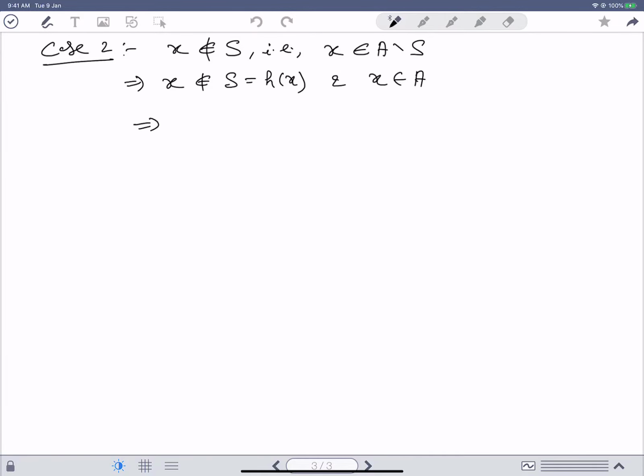So that implies x belongs to A and x does not belong to h(x). Now what is my definition of S?